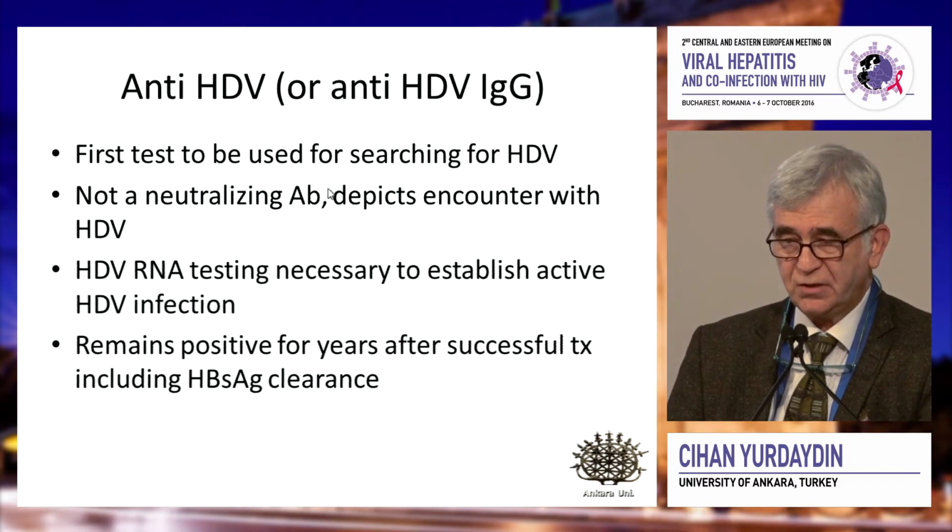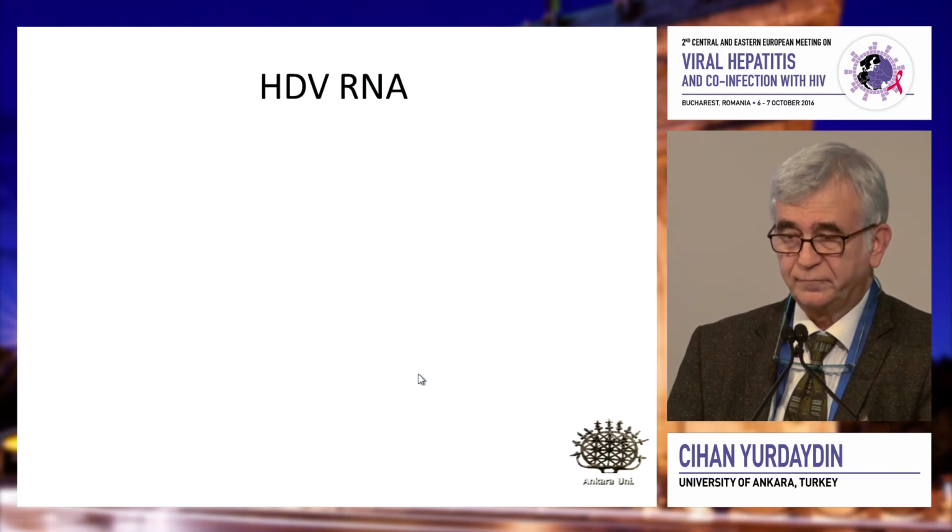Anti-HDV IgG is the first test to be used for searching for HDV. It's not a neutralizing antibody. It depicts only encounter with HDV. HDV RNA testing is necessary to establish active HDV infection. And do not forget, it remains positive for years after successful treatment, including surface antigen clearance.